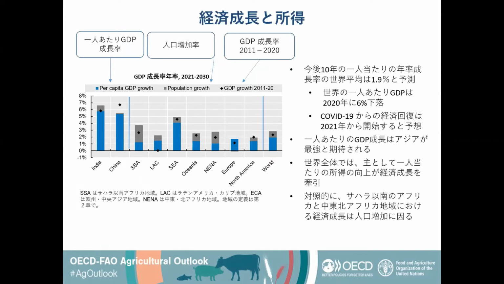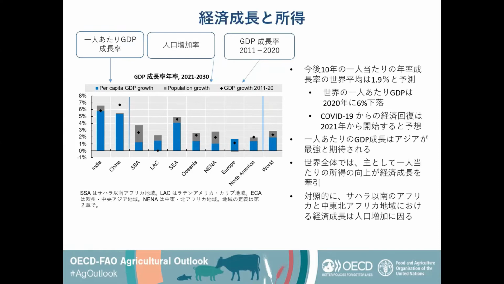But again, there are exceptions, and you see here again the exception of sub-Saharan Africa and North Africa and the Near East that still have very strong population growth. Globally, we use the projections of the World Bank and the IMF, 1.9% over the coming decade. That follows the strong decline in 2020 due to the pandemic, and assumes that the recovery will start in 2021.